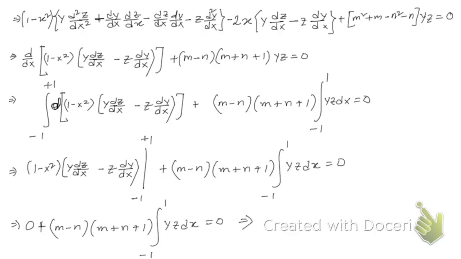Therefore it implies integration from -1 to +1 of yz dx is equal to 0. Now let me copy this last part and go to a new slide. So here is the last part, right?